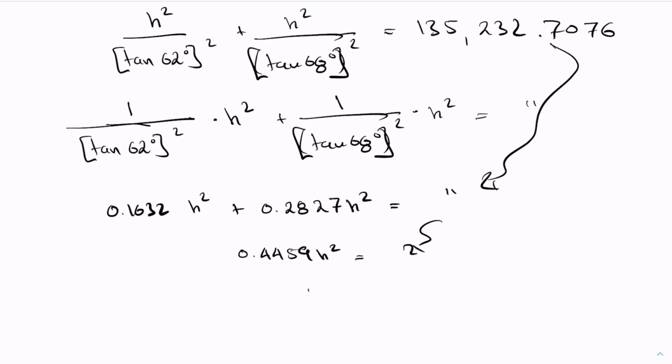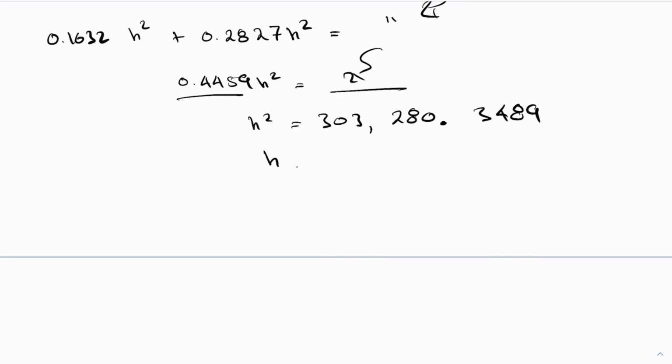And finally, I'm going to get h squared. Well, not finally, almost. Remember, I'm dividing both sides by 0.4459. It's going to give me 303,280.3489. And finally, I take the square root of that guy. I'll do it here.